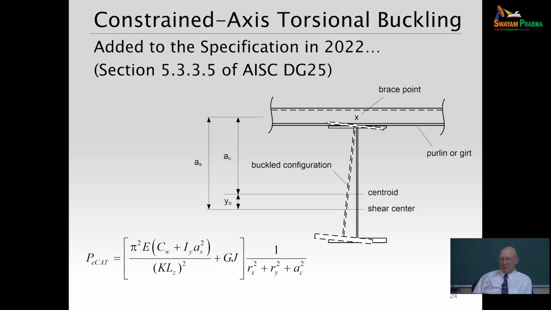But as that constrained axis gets closer and closer to the shear center, then you get more capacity from this equation. I'm writing it here in terms of the load, which is just a convenient way to write it. So we divide by gross area, we have the stress.